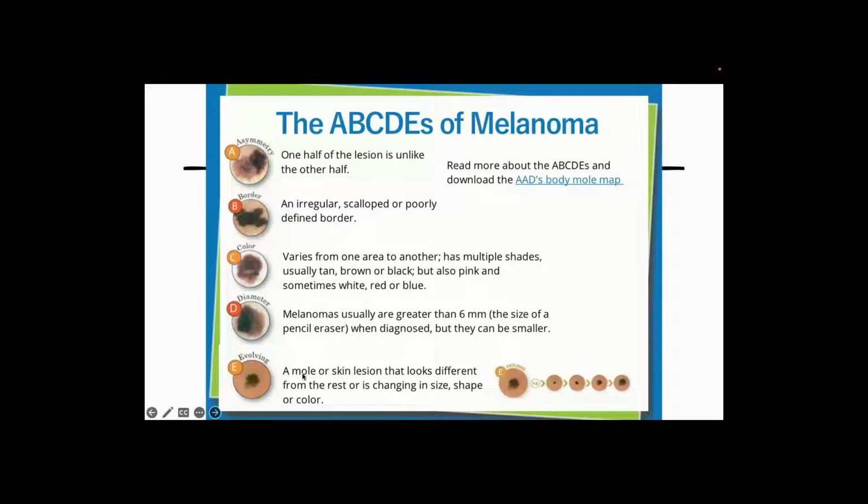A mole or skin lesion that over a few months has gone from something looking like this to something a lot bigger and asymmetric looking. You may have a mole that has one of these, and it may still end up being okay, but especially when it starts to have an irregular border, the color's changing, the diameter is bigger than the size of an eraser, those are ones that we definitely worry about and take a biopsy of.